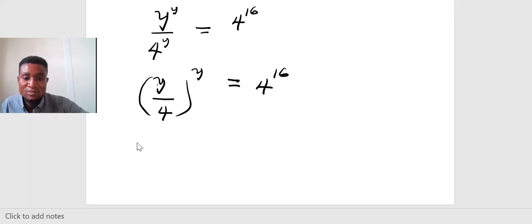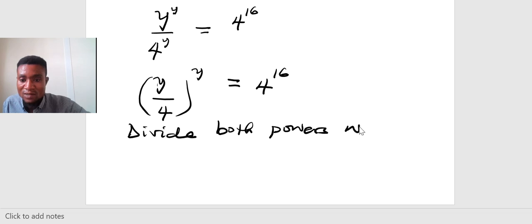So if you have 4 raised to the power of 16, let's divide both powers by 4.